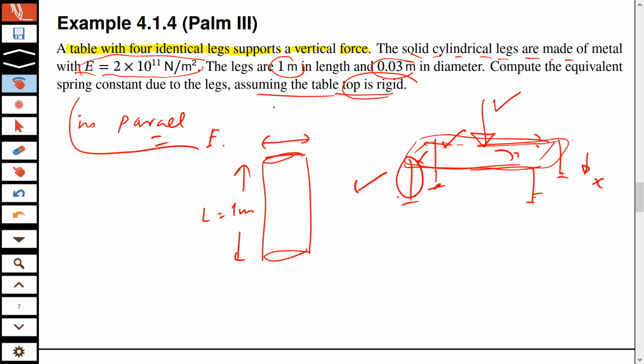Remember, for a solid rod, we use capital D for the diameter, and we use small d if you have a hole in it. Because there is no hole, small d is 0.